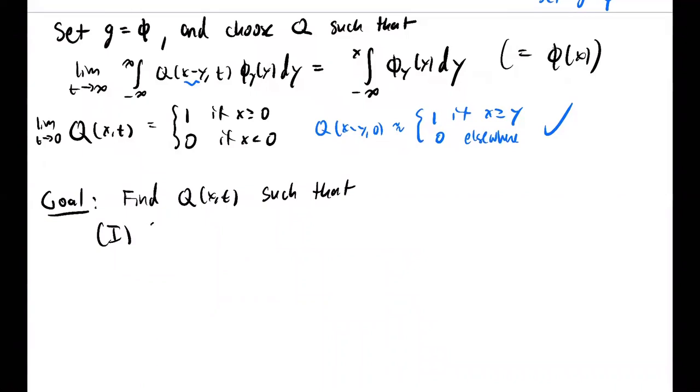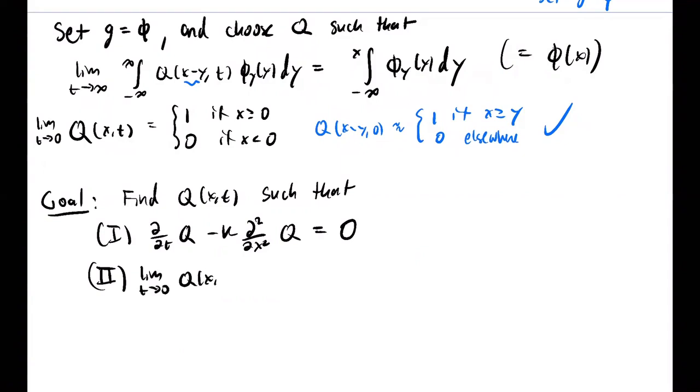So if I take d/dt of q minus k times the second order x derivative of q, this is equal to 0. And then the second condition is that if I take the limit as t goes to 0 of q of x, t, this is equal to what I have above.